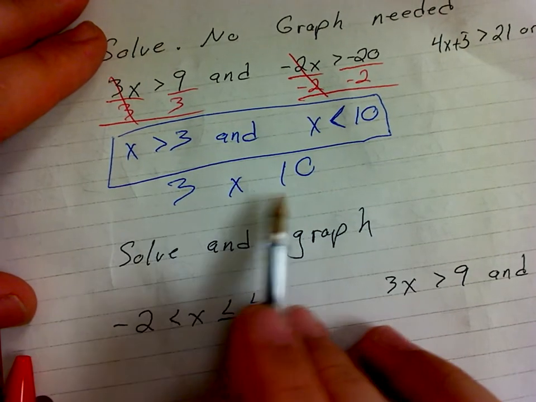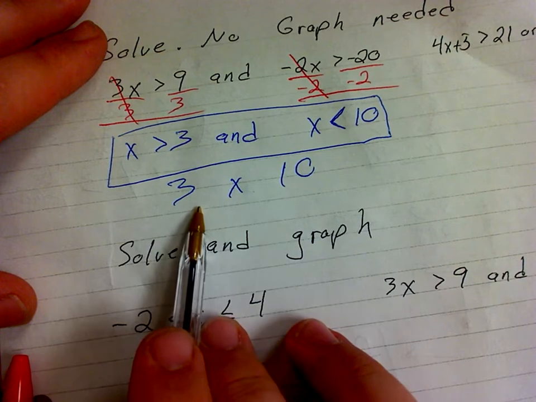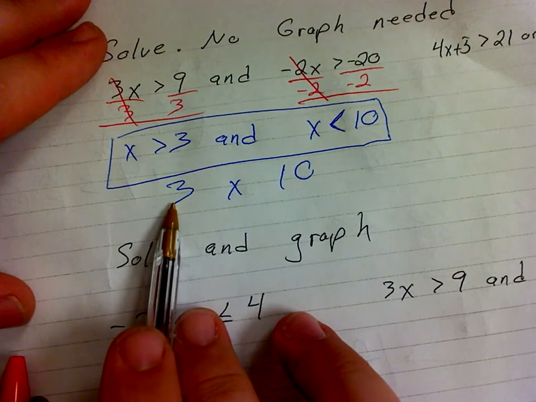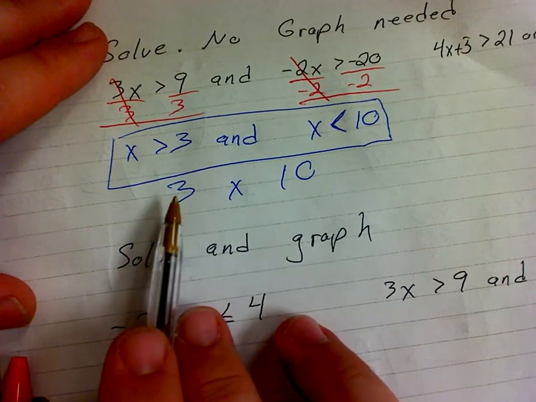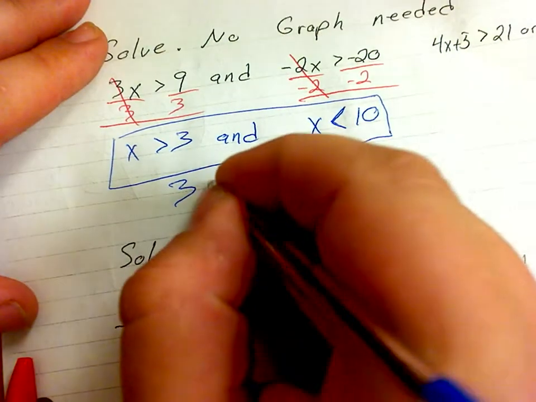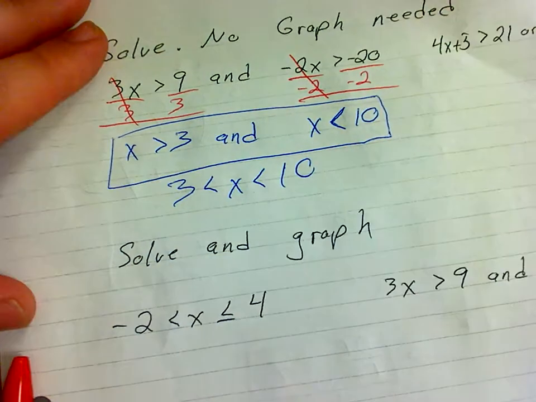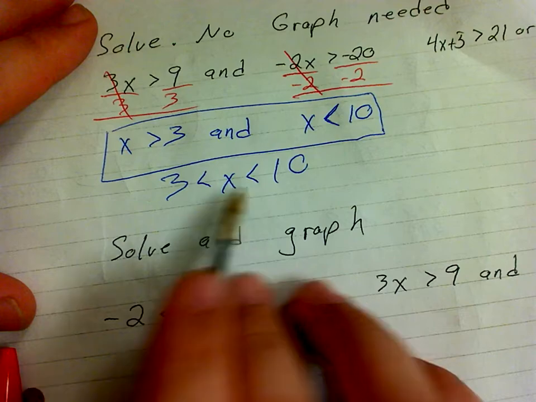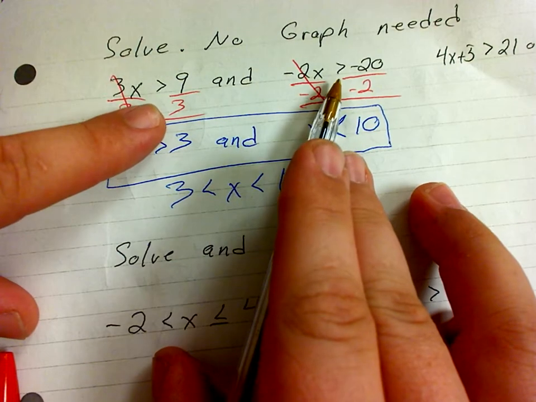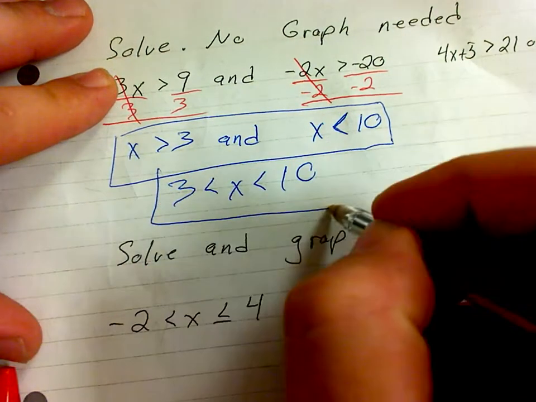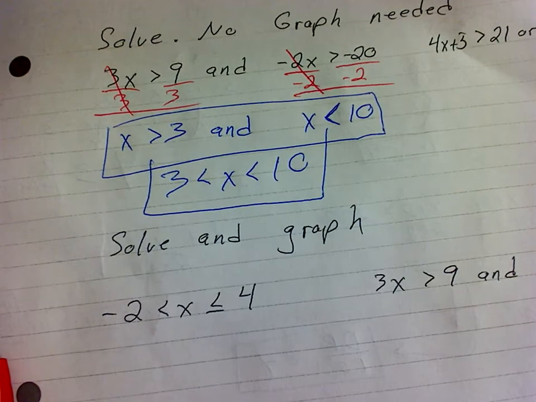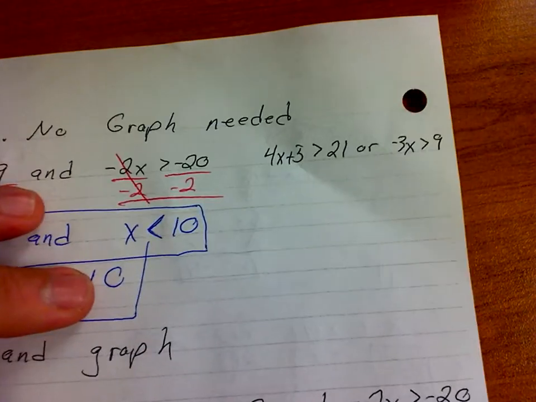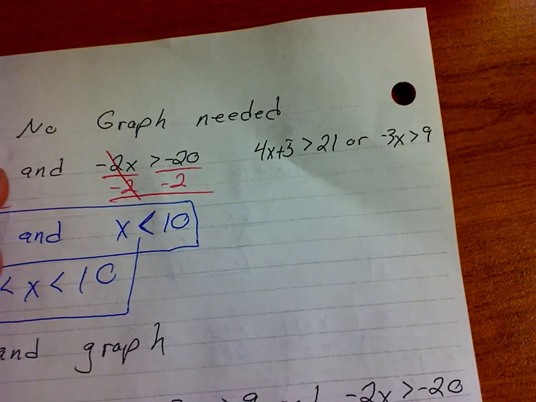And remember, if we always want to write it as a compound inequality in one statement, as long as your numbers are going from how they would appear on the number line, smallest to greatest, it'll always be less than symbols. The only thing you might have to look out for is if one of these needs a bar. In this one, neither one of them had a bar, so that also could have been a way we write our final answer for that one. Because remember, there's always two ways to write them for ands. For or statements, there's only one way.